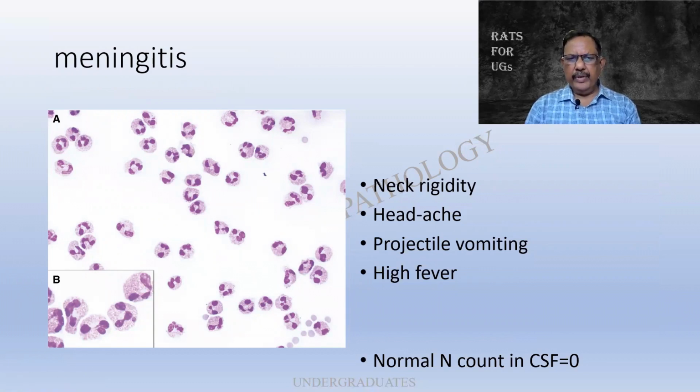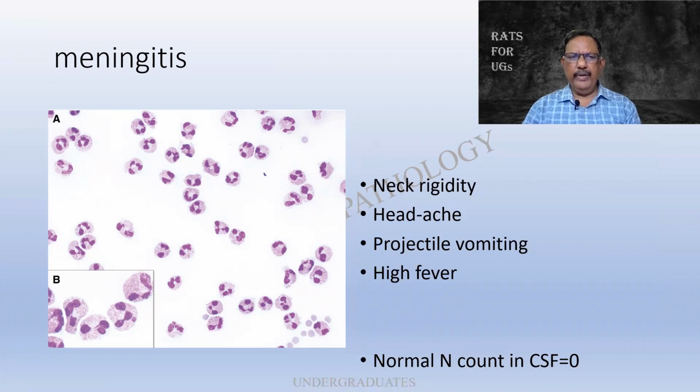So it is a case of an acute inflammation. Look at the sheets of neutrophils that I am seeing. There are lots of these neutrophils, and there is a higher magnification of the same cell. Sometimes the granules become a little coarse because of the toxic change. Now the history can be a patient presents with neck rigidity, headache, projectile vomiting, and high fever.